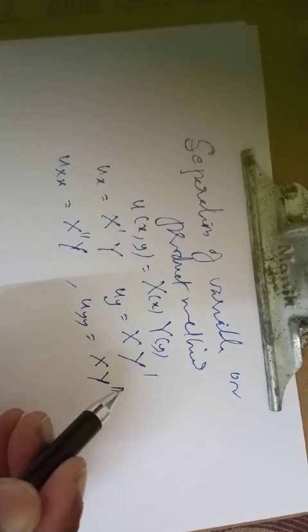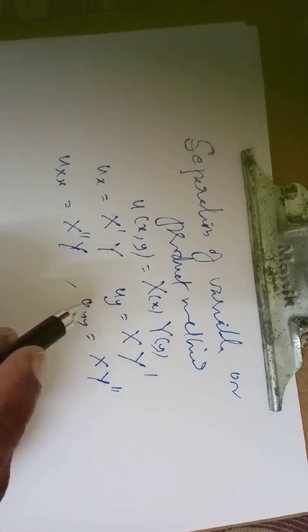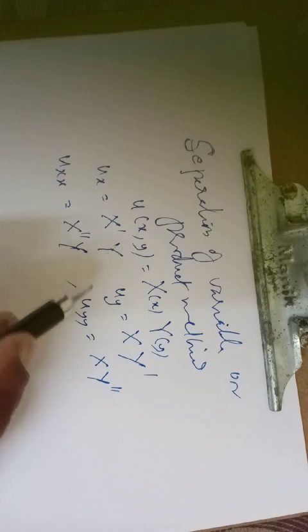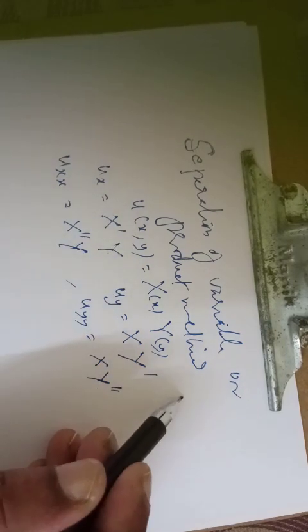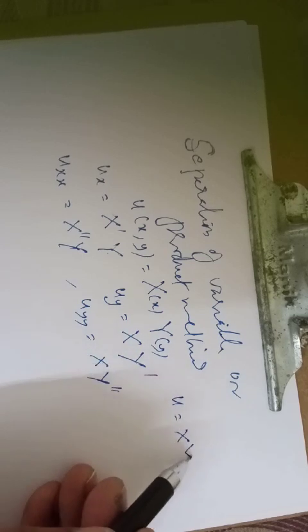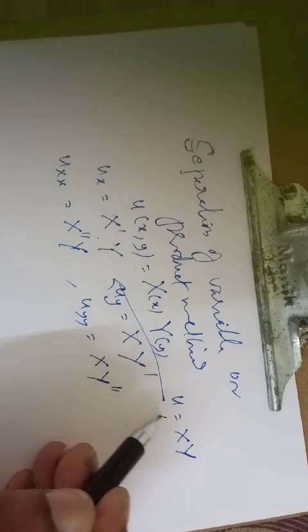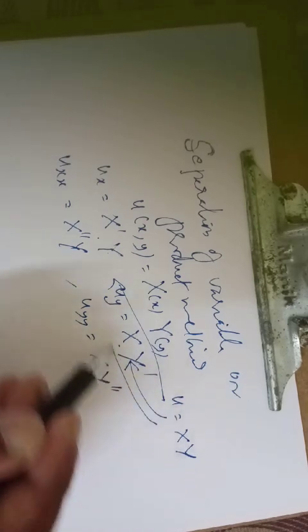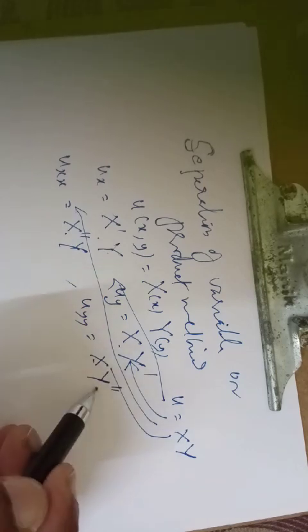These are the notations we use to solve a partial differential equation by using the product method. We assume the solution as u is equal to X into Y, and for u_x we write X dash Y, for u_y we write X Y dash, u_xx we write X double dash Y, and u_yy we write X Y double dash.